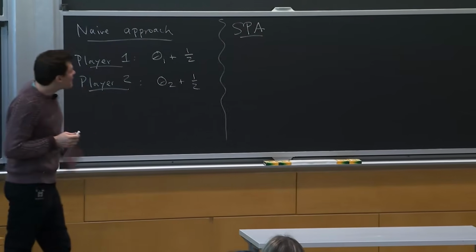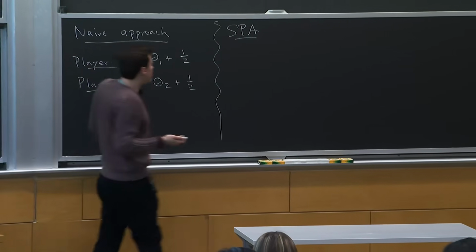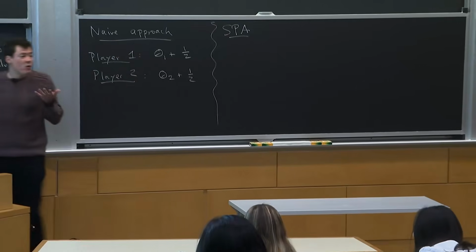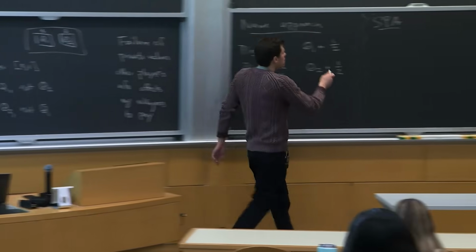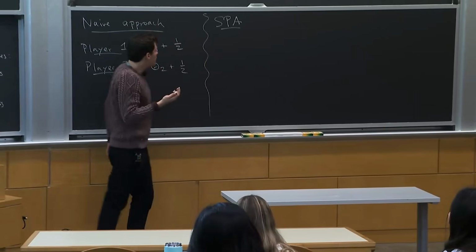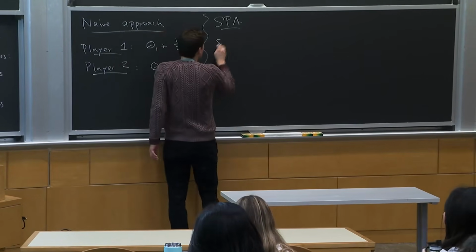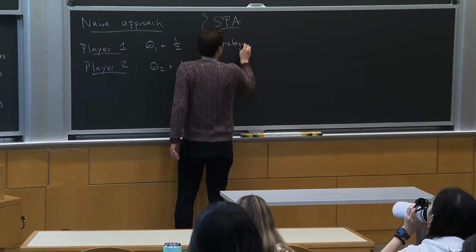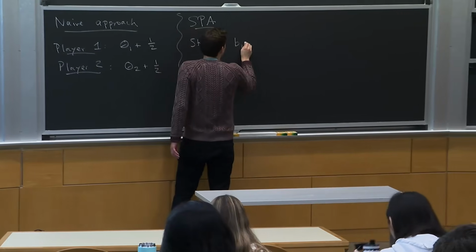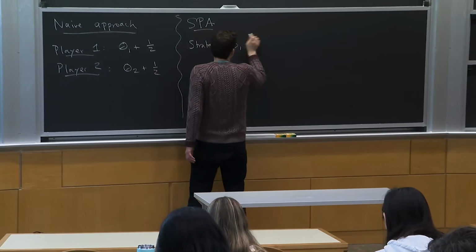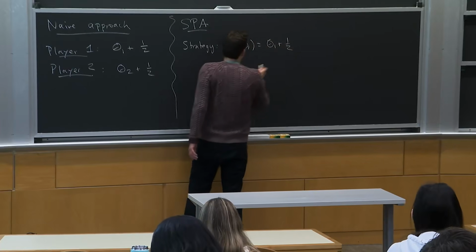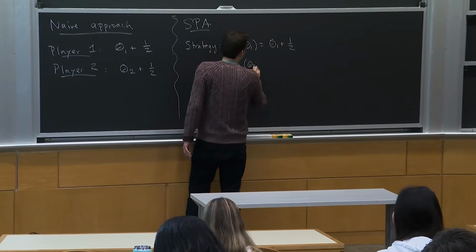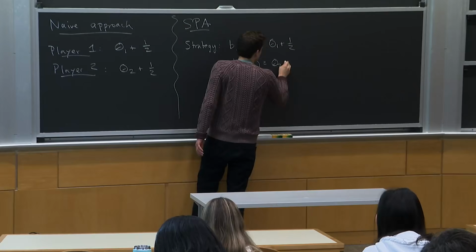But let's just imagine we did a second price auction. And let's imagine that we looked for an equilibrium where each player bids truthfully. So let's look at a strategy profile where player 1 bids b1 of theta 1 equals theta 1 plus a half, and b2 of theta 2 equals theta 2 plus a half.